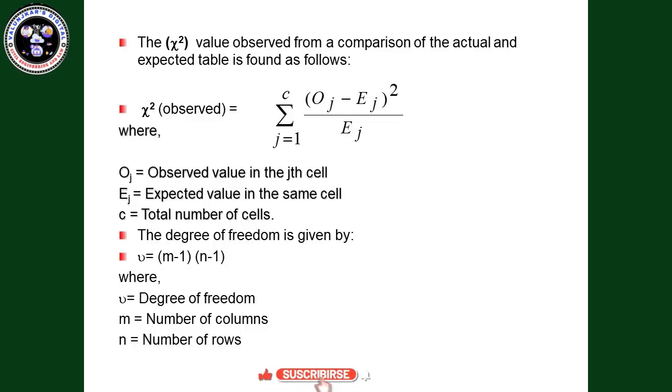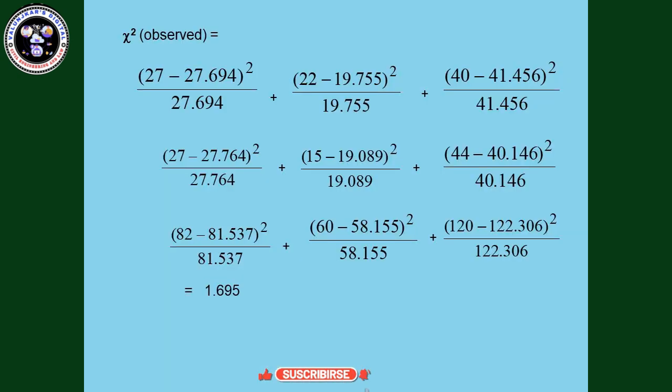So the chi-square value from the comparison of the actual and expected values is found as chi-square observed is equal to the summation of j equal to 1 to c of (Oj minus Ej) whole squared upon Ej, where Oj is the observed value of the jth cell, Ej is the expected value in the same cell, c is the total number of cells, and the degree of freedom is given by nu is equal to (m minus 1) into (n minus 1), where nu is the degree of freedom, m is the number of columns, and n is the number of rows.